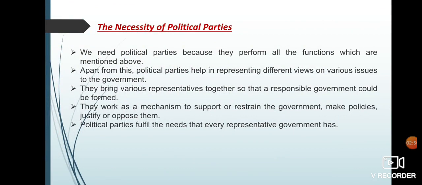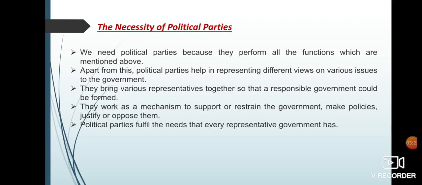What is the necessity of political parties? This answer we can give by assuming the absence of political parties. We need political parties because they perform all the functions which are mentioned above. Apart from this, political parties help in representing different views on different issues to the government.